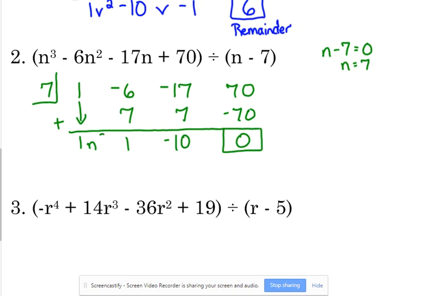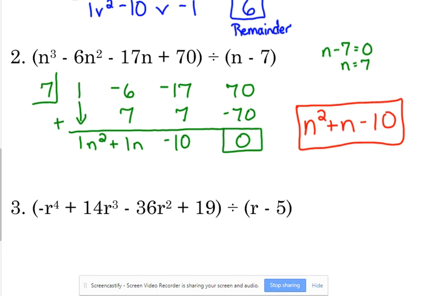So we label it. We reduce the degree by 1. We started with n cubed, so we've got n squared plus 1n minus 10. So the remainder this time was 0, so our answer is just n squared plus n minus 10.